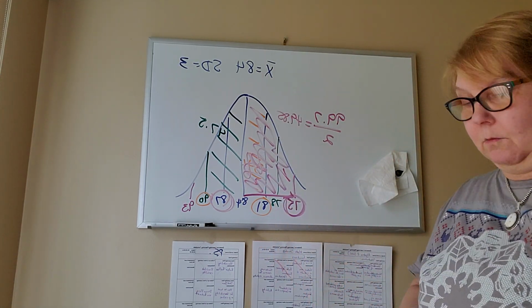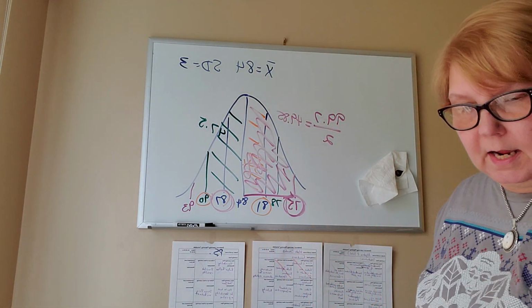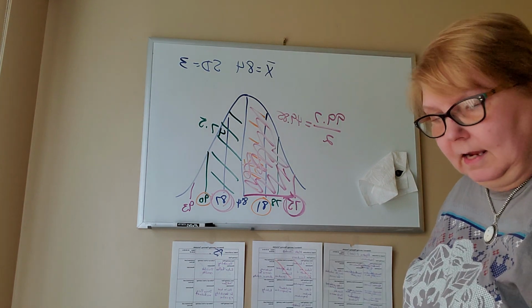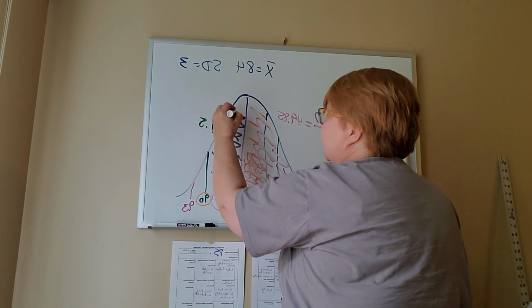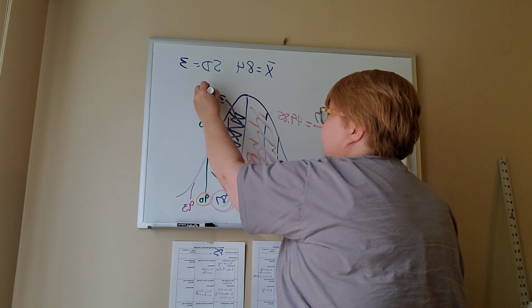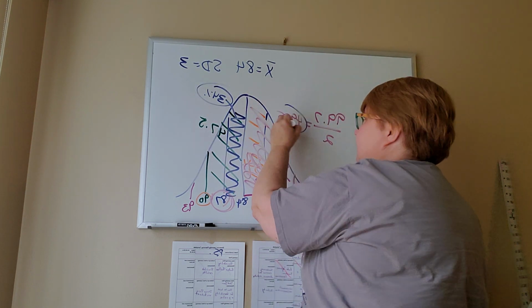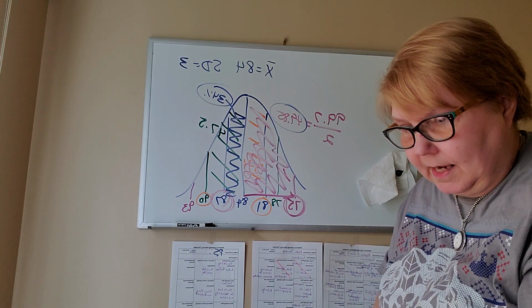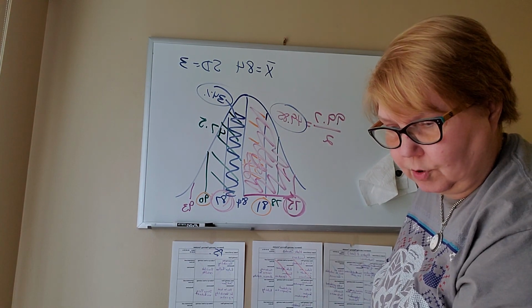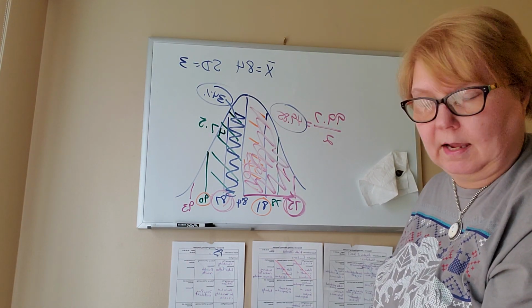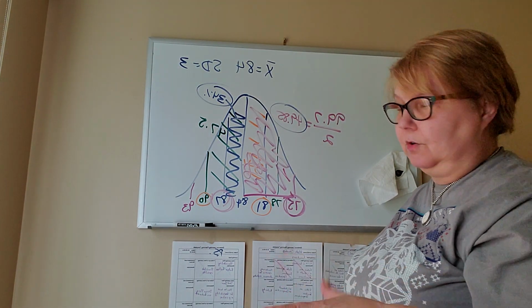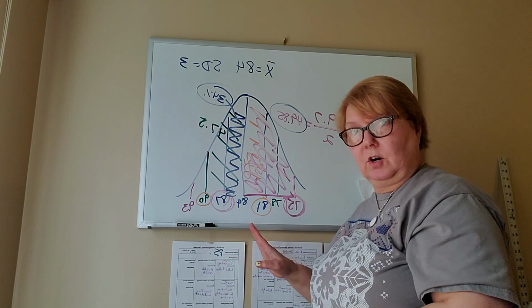Okay. Then if I want for 87 from 84 is this space in here, which happens to be 34%. So I'm going to add these two together and I get 83.85. Okay. So that gives you an idea of what you're doing with this curve.